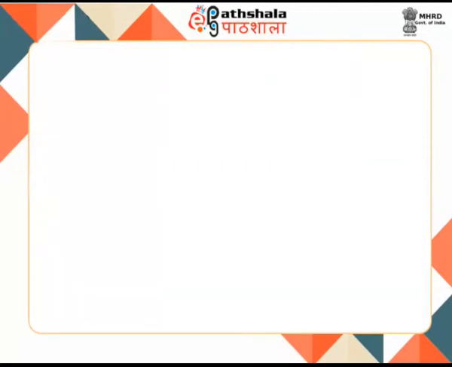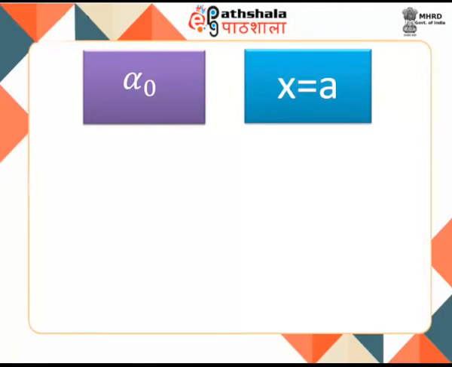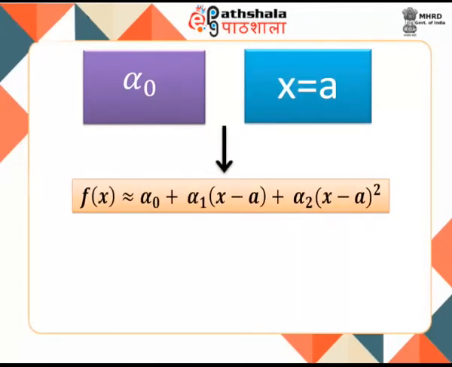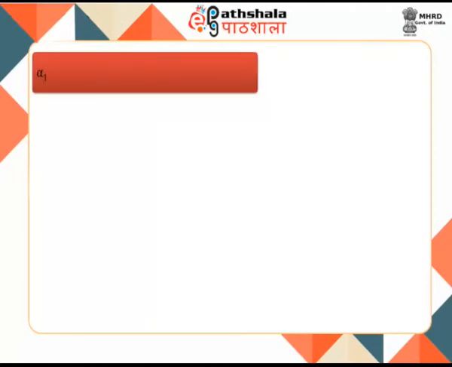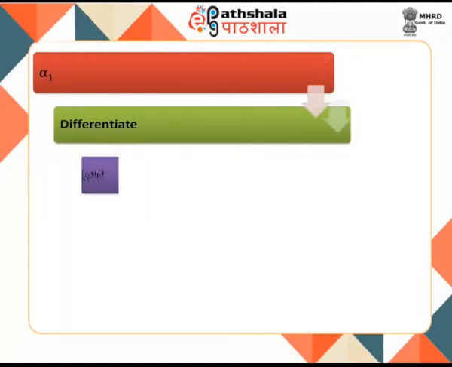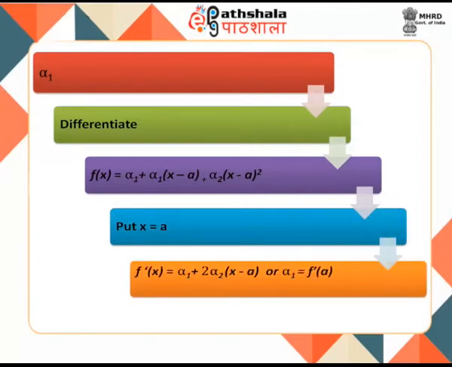To get the value of alpha naught, we simply put x equal to a in the equation and we get alpha naught equal to f of a. To get alpha 1, we differentiate the equation and put x equal to a. Thus, f dash x is equal to alpha 1 plus 2 alpha 2 into (x minus a), or alpha 1 is equal to f dash a.